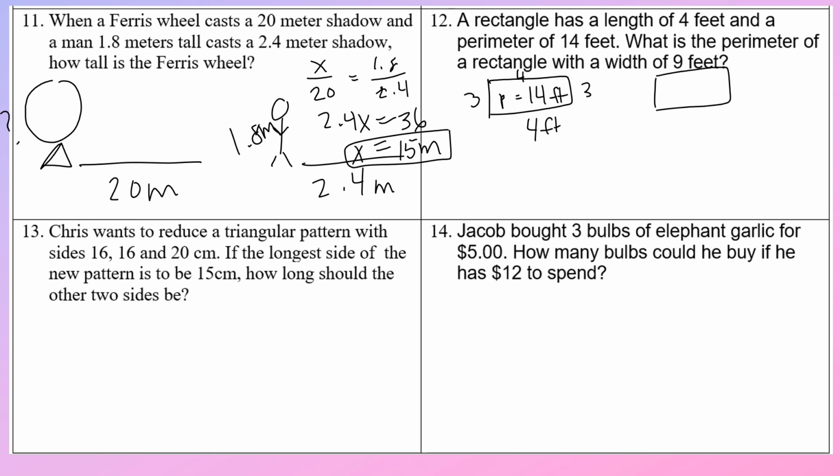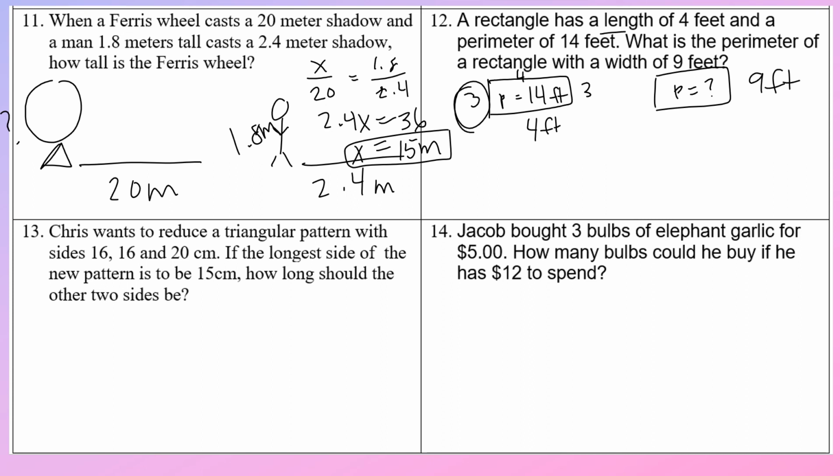What is the perimeter of a rectangle with 9 feet? Perimeter is what we don't know. The width is 9 feet. Or that's not the width, sorry, I wrote it in the wrong spot. This is 9 feet. I don't have to figure out the length here because that is what I had to do here.